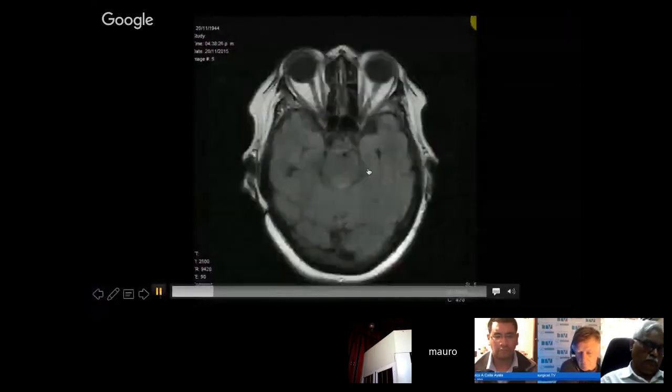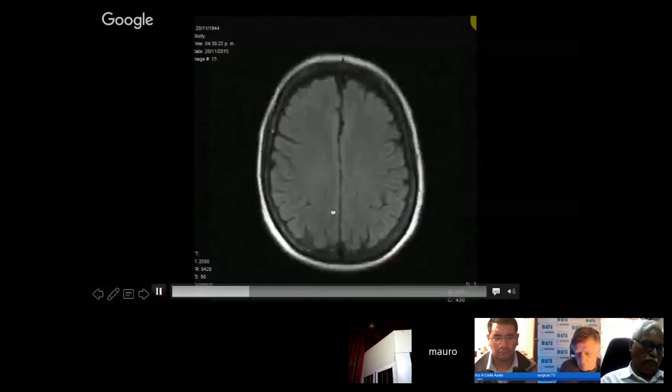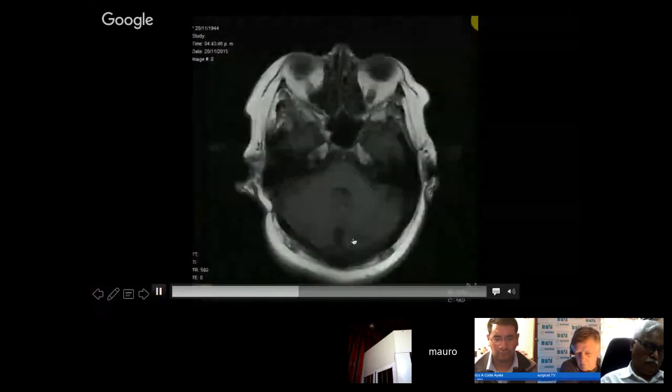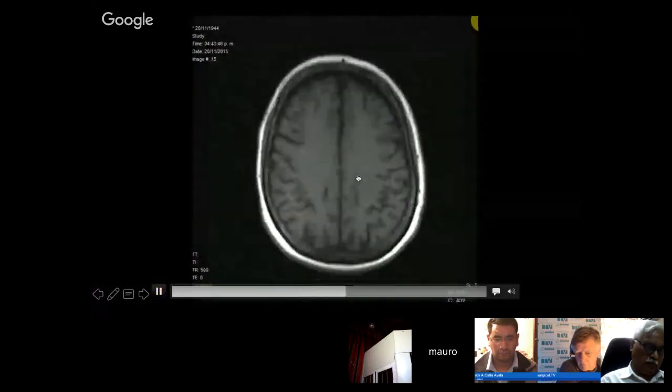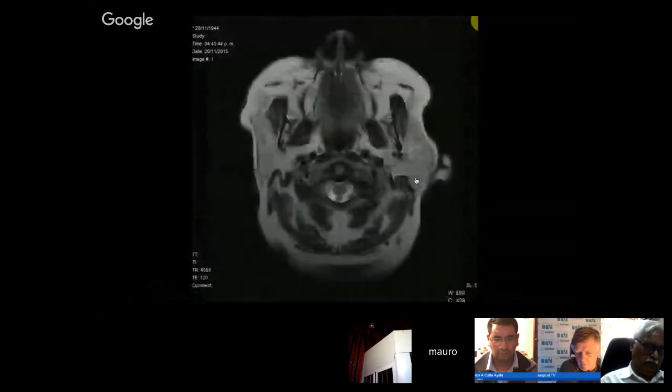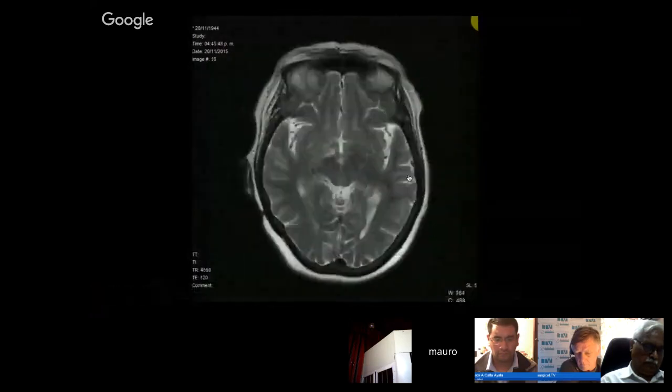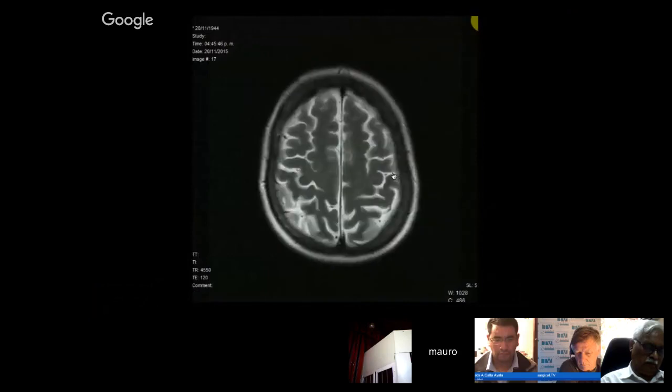another case is important because in this case, this patient had trigeminal neuralgia on the right side, and 1 year later, an epidermoid cyst was found.